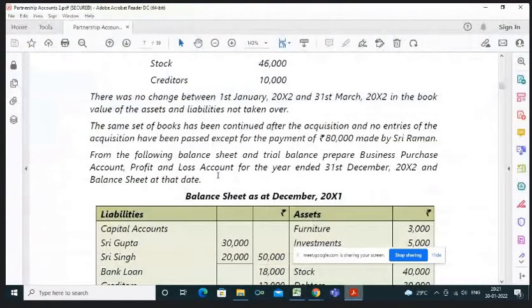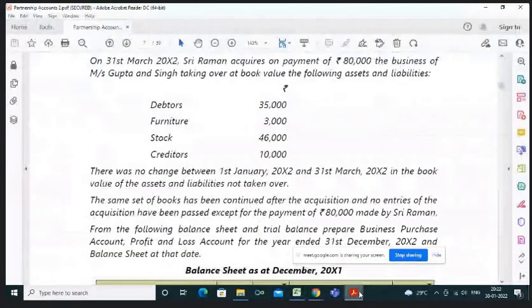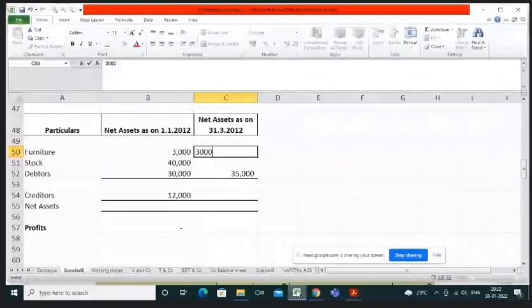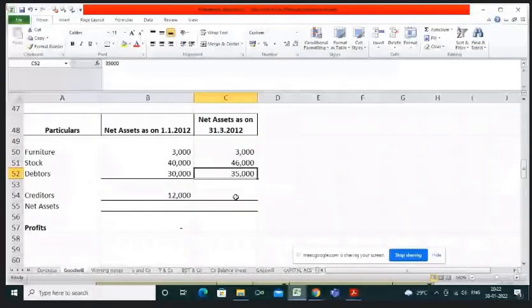Debtors 35,000. They have increased. Furniture 3,000. They have not changed at all, basically. And stock 46,000. It has increased by 6,000, and creditors decreased by 2,000.